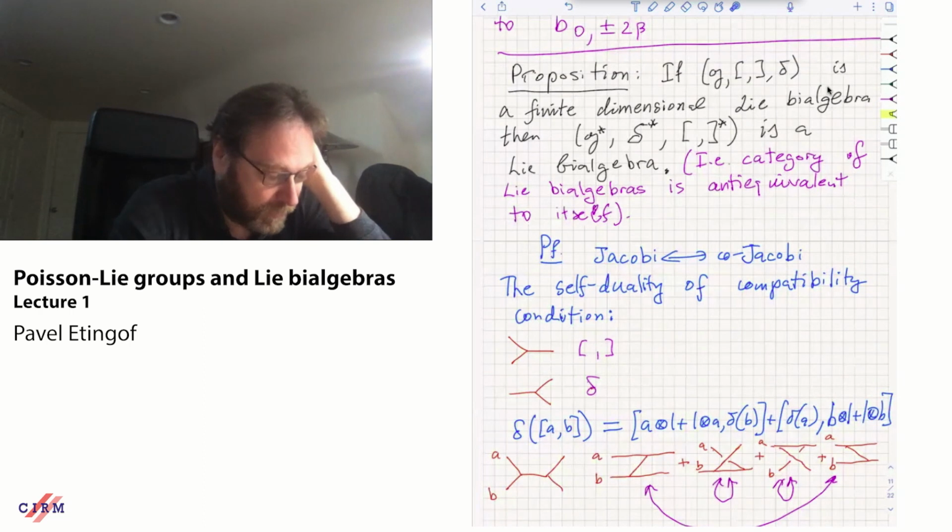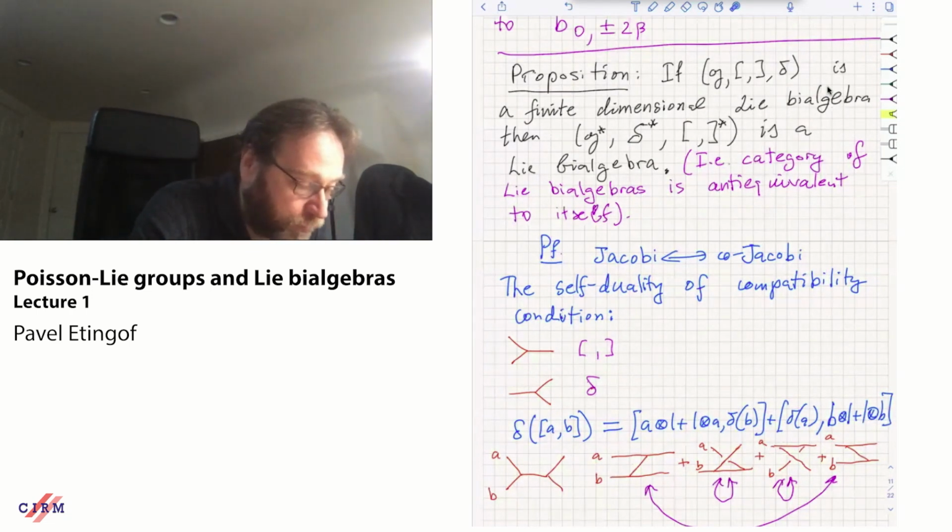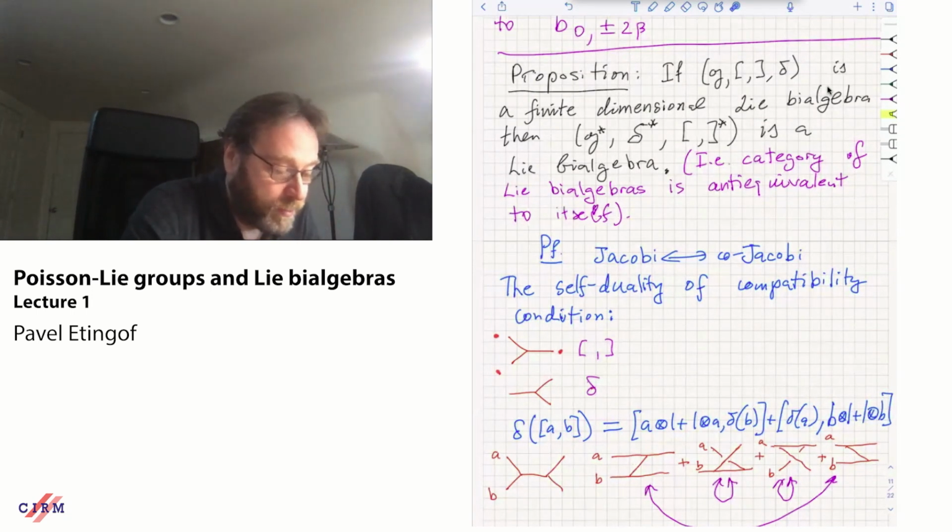That's not very hard, but it's nice to do it using pictures. For the pictures, you denote the bracket by this symbol, a pair of horns looking to the left, and delta by this symbol. The idea is that we have inputs at the ends of the horns and the output here.